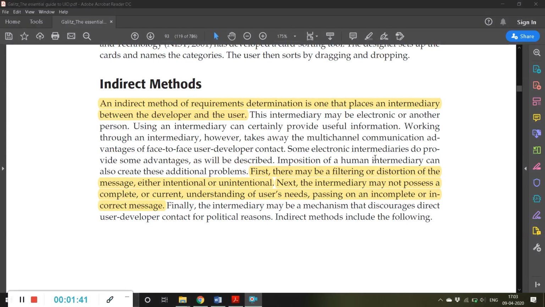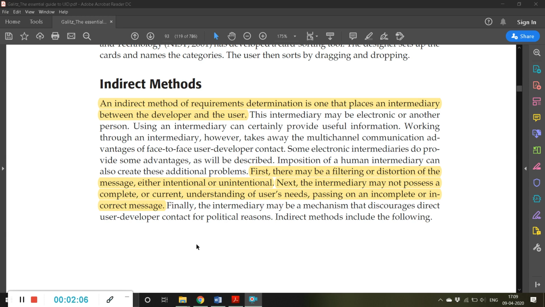The second problem is the intermediary may not possess a complete or current understanding of users' needs, passing on an incomplete or incorrect message. That's what I just explained to you now.